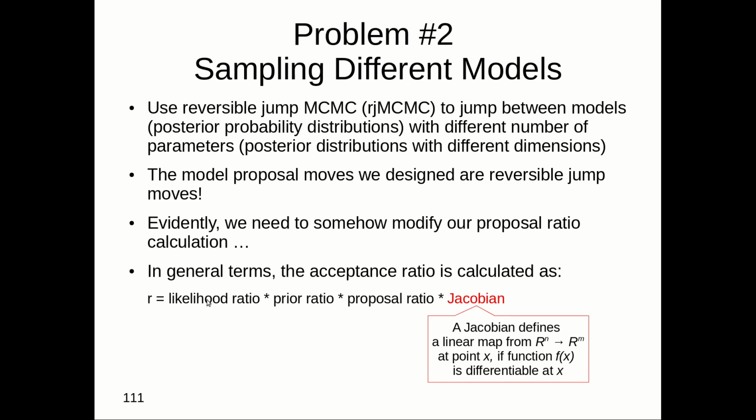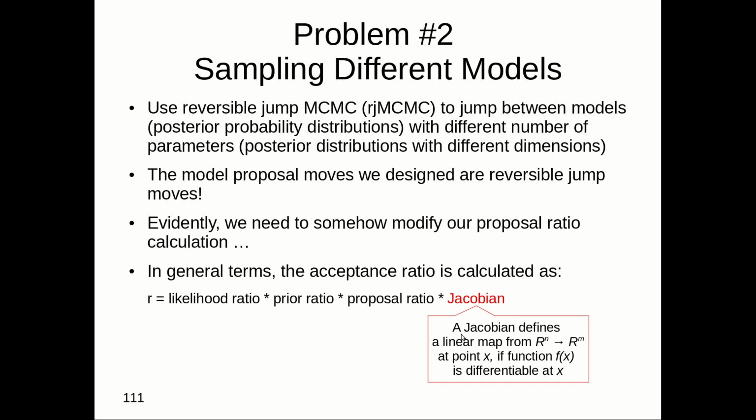In general terms, the acceptance ratio for this reversible jump Markov chain Monte Carlo method is calculated as follows: the likelihood ratio times the prior ratio times the proposal ratio, so if our move is not symmetric, that's the Hastings correction, times the Jacobian.